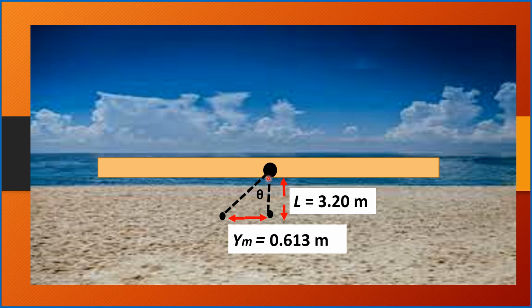Supposing this is the first dark band, and we draw a line from the hole in the barrier to this point corresponding to m equals positive 1.